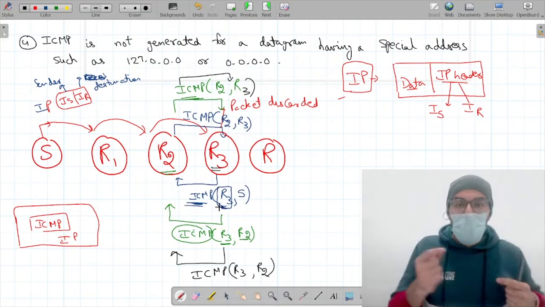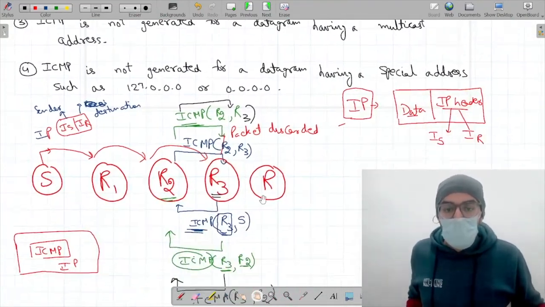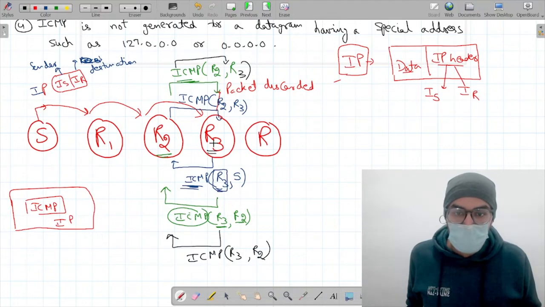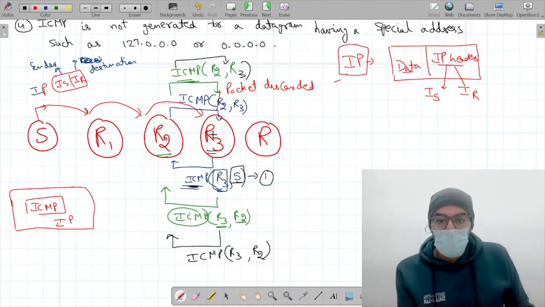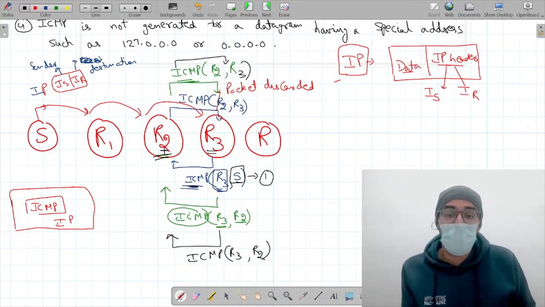So the way to overcome this is that we should not be sending an ICMP message in the first case, when this router R2 receives this IP packet containing an ICMP message and discards it.